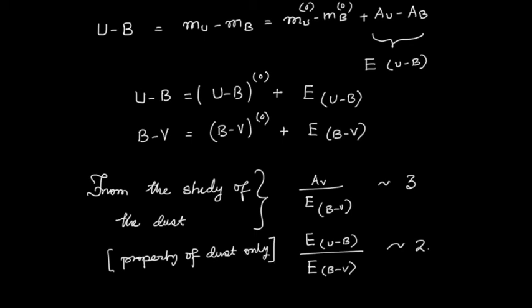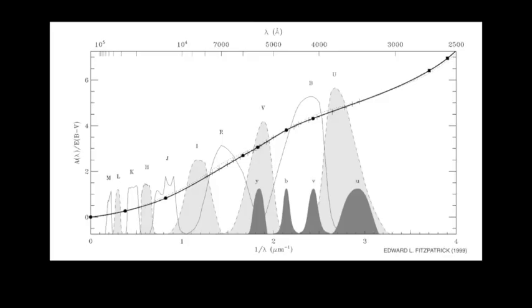Let me show you how these two things behave as a function of wavelength. That is very well calibrated, and then you can figure out what that is for the filter that you are using, which is the visible filter in this case. The bumps at the bottom where you have written M, L, K, H, etc. are the filters, and the filters that you are using are V, B and U. Those are also shown here. They look a little different than what you have plotted.